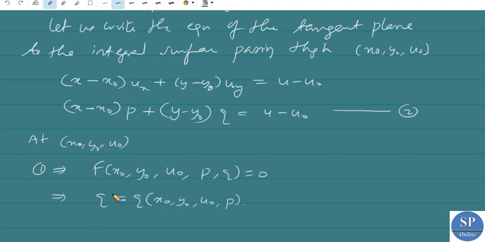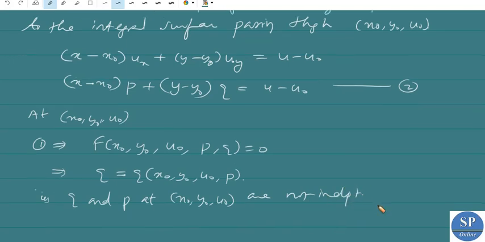That means p and q at the point (x0, y0, u0) are not independent. Let this be equation 2.